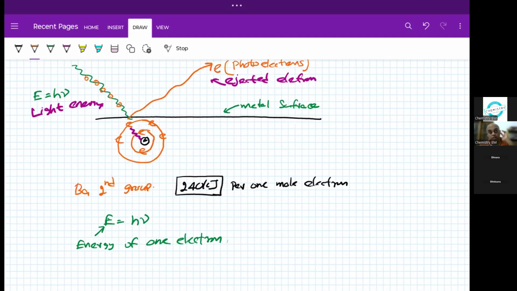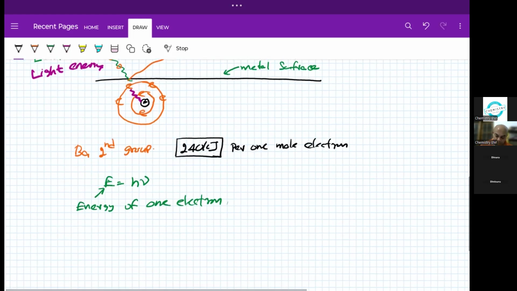But we also know the energy of one mole. If you know the energy of one mole, you can calculate the energy of one electron by dividing by the Avogadro number. 240 is for 1 mole. For 1 electron, 240 divided by Avogadro number. Then we can substitute h and calculate nu as well. So energy is 240 kilojoules.